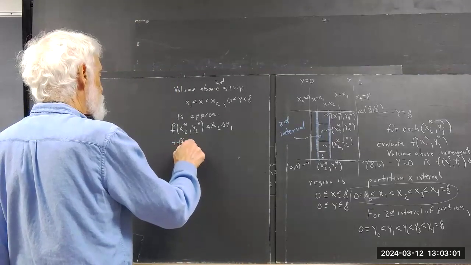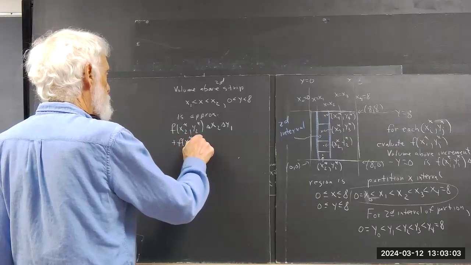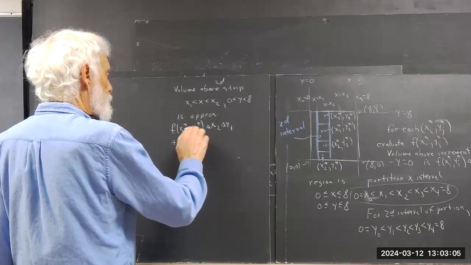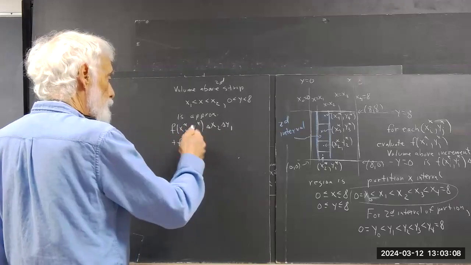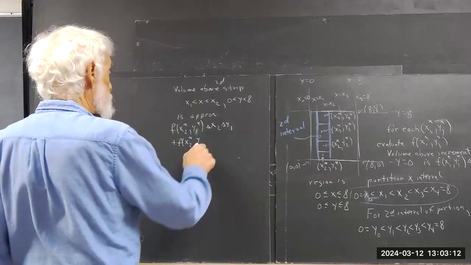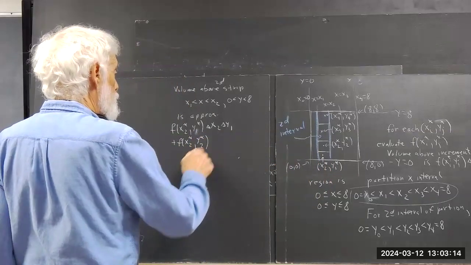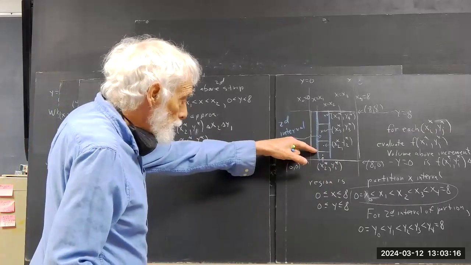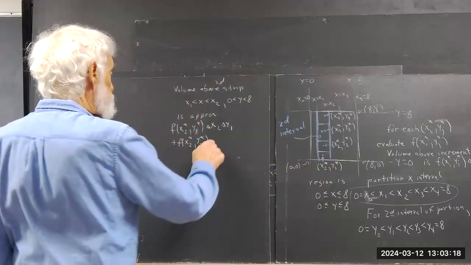Then we can write this out, x2 star. And that should have been y1 star. I'm sorry if I confused you. This would be the x2 star, y1 star. And it would go with the first y interval and the second x interval.